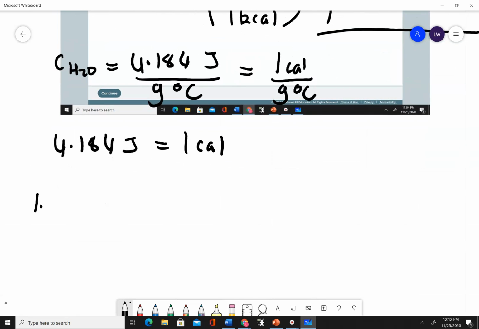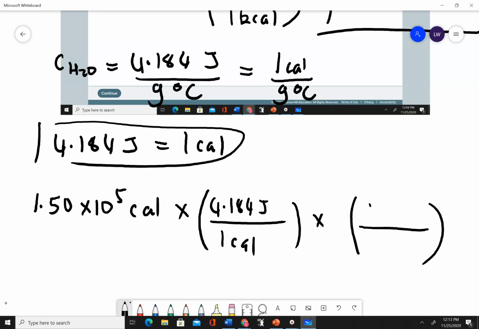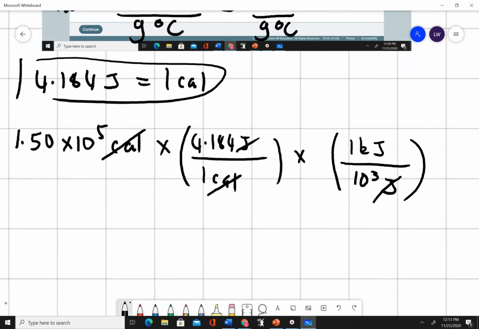So we have 1.50 by 10 to the 5 lowercase calories, and we know that we get 4.184 joules for every 1 calorie, and then finally we know that 1 kilojoule is the same as 10 to the 3 joules. So all of our units cancel out, and there we go, we get our answer.